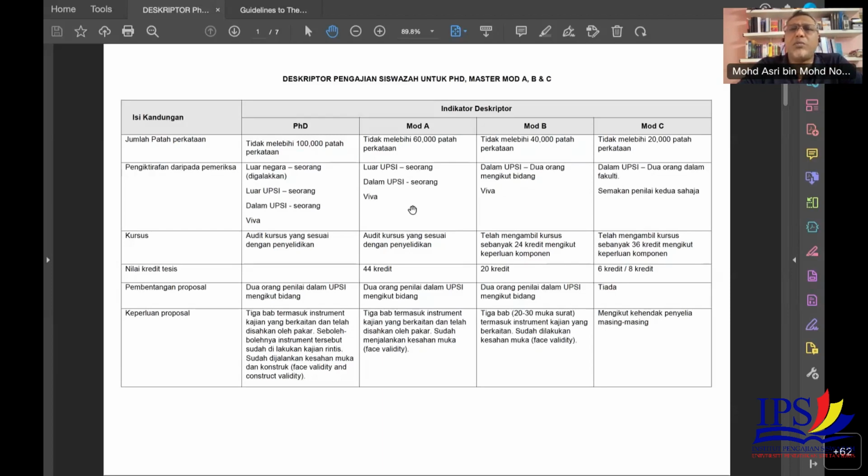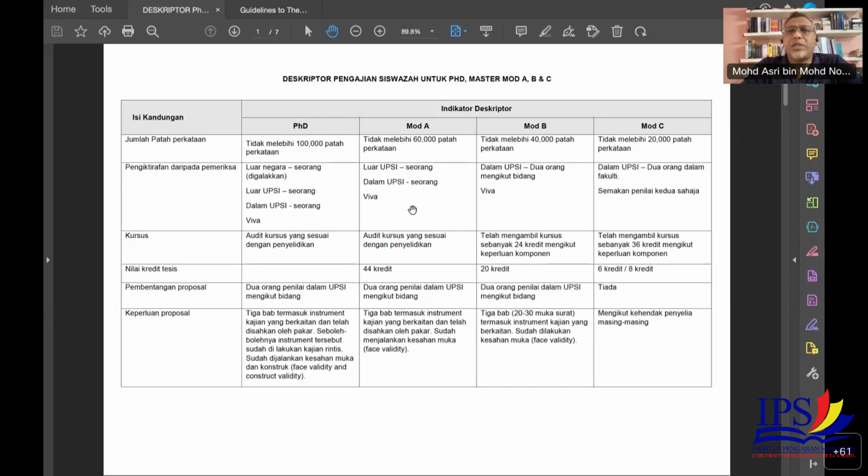And if you're doing mode C, which is what we are going to talk about today, the word count of your project paper should not be more than 20,000 words, right? So you need to understand the differences in terms of word count.